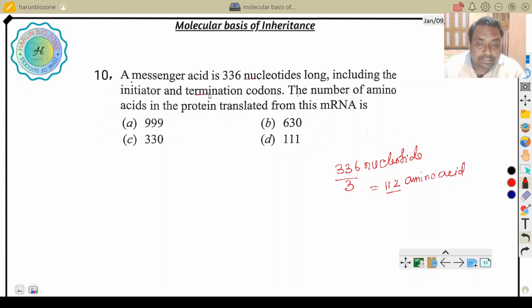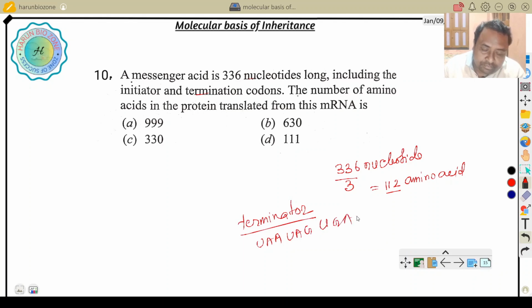Terminator means the nonsense codon or stop codon: UAA, UAG and UGA. Clear? The terminator codon does not bear any information about an amino acid. So here 336 nucleotides produce amino acids, because one codon, these three nucleotides, do not represent any amino acid.